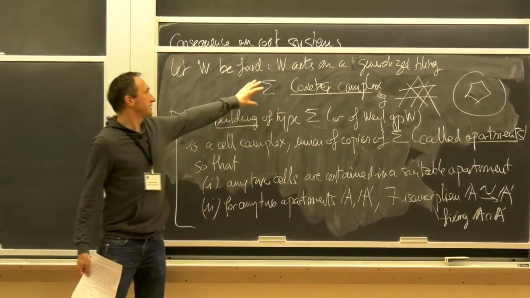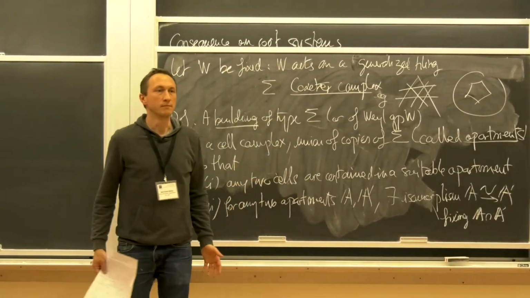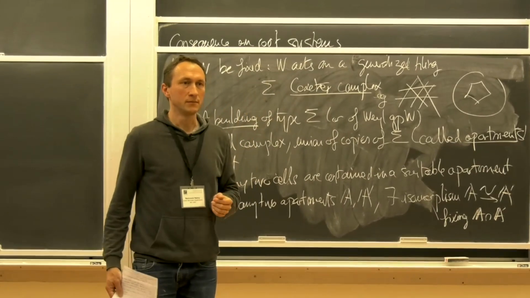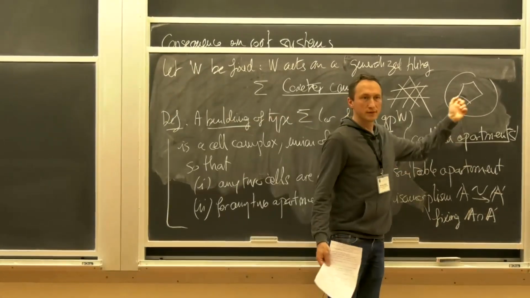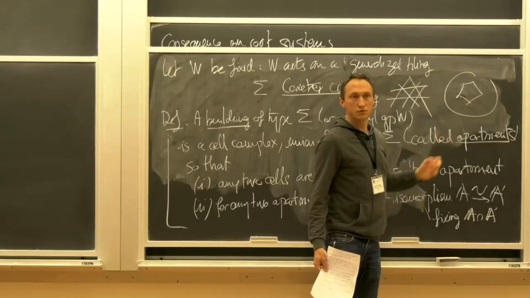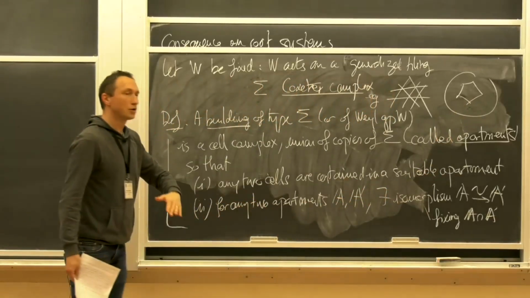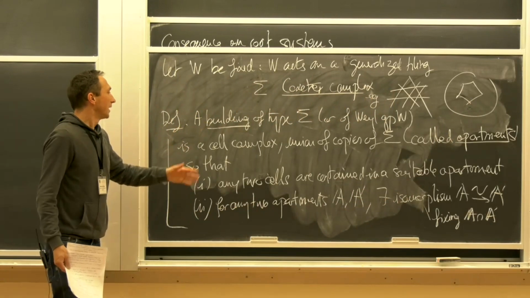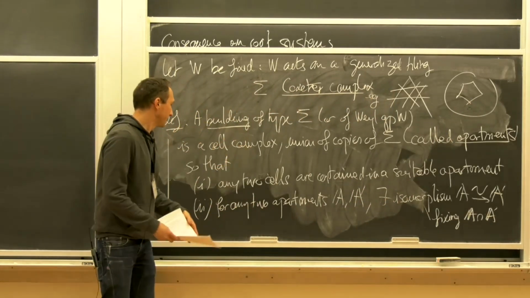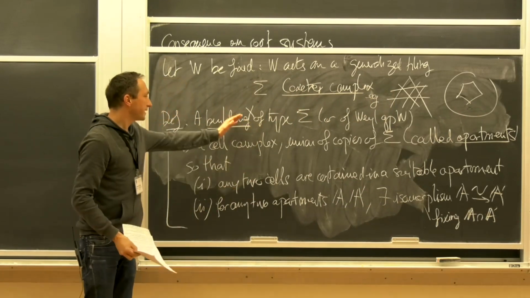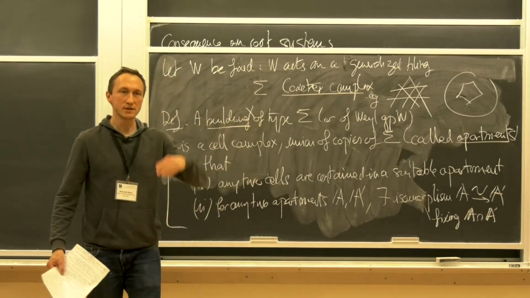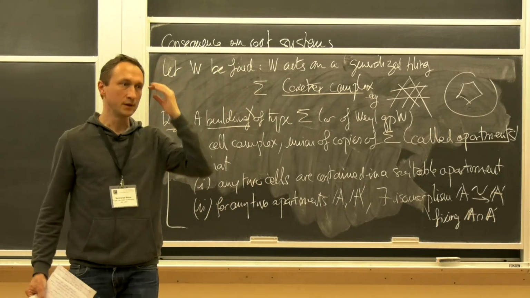Assume that sigma has a nice W-invariant metric. This is the case for affine buildings, and if you have this example in mind, you're also convinced I have a non-positively curved metric here, and I want to make it global. I want to define a metric on the full building, let's call it X, whose restriction to any apartment is the initial one.